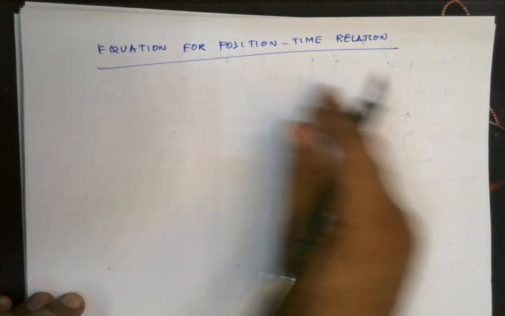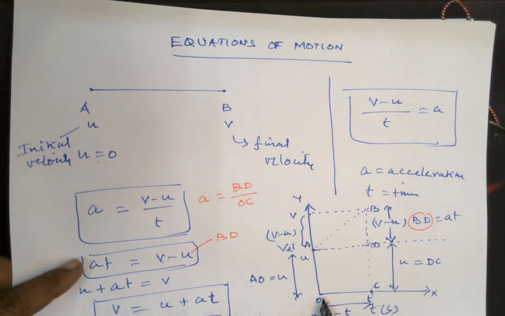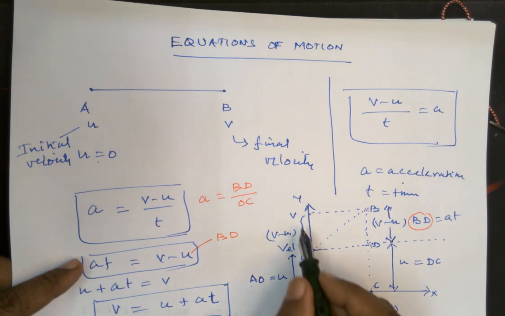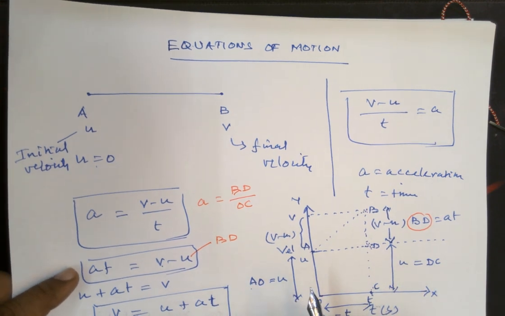Let us consider the same graph here. What is OA? That is the initial velocity. OA is equal to the initial velocity. And OA is equal to DC, so that is also the initial velocity.